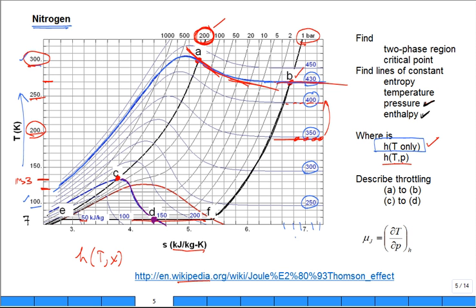Visually, can you interpret or visually estimate the quality X at state D? What is visually your estimate of X of D? 60%? Okay. Anybody else have a different value? How about if D was way over here? What would be the quality at this point? About 5%? 0.05? What happens if it's right here? About 95%.